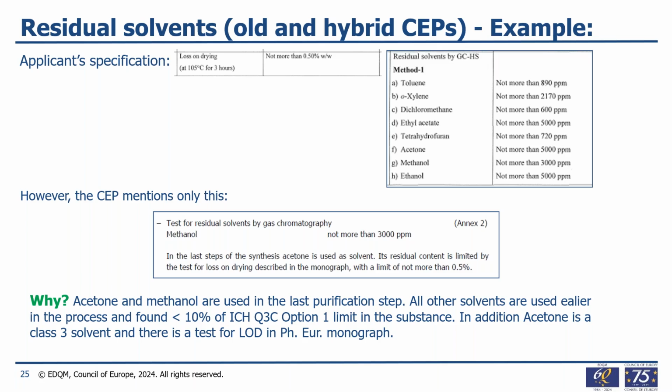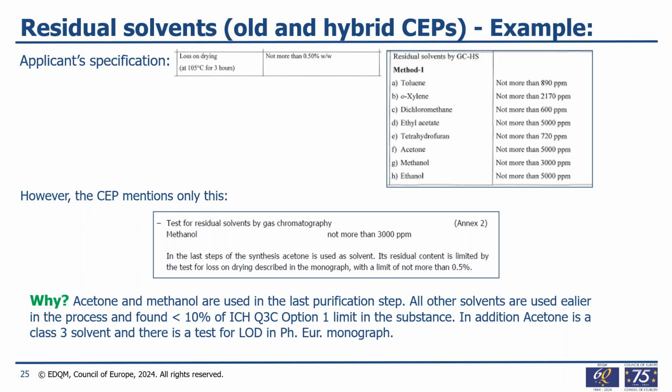So in this case, we can interpret the information as follows: acetone and methanol are used in the last steps of the process, in the last purification steps. All other solvents are used early in the process, and they were found below 10% of the ICH Q3C option 1 limit in the substance, so these tests are not mandatory.